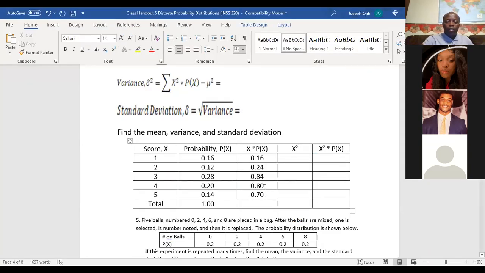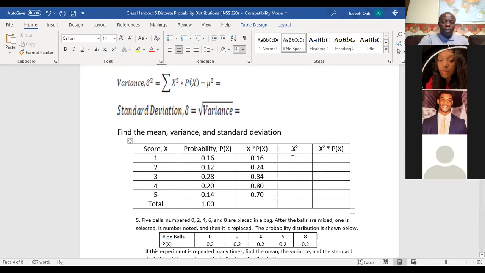So when you add all this, that will give you the mean. But let us get everything there, because like I said, I'm using a summary, a shortcut formula.